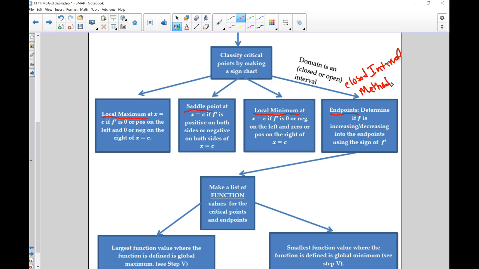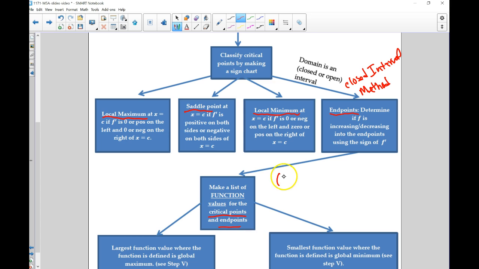The closed interval method is the way in which we classify global extrema. So if f is increasing or decreasing into the endpoints, then we can start to make a list of function values of the critical points and endpoints.